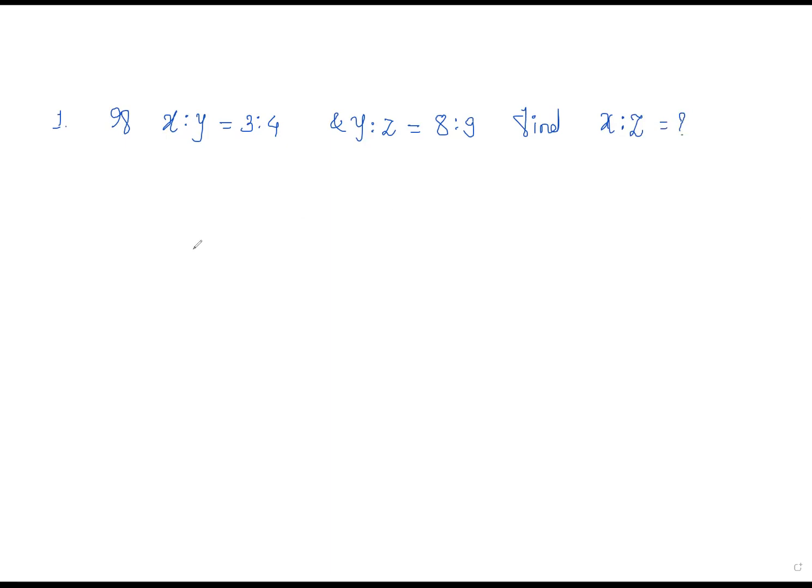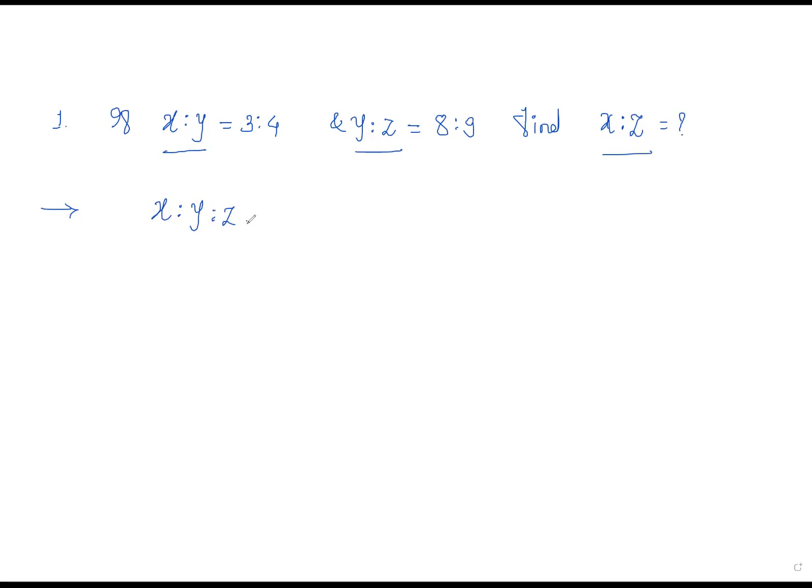Okay, so what is given here? The ratio between x and y, and y and z, and we are going to find the ratio between x and z. So let us consider x is to y is to z.